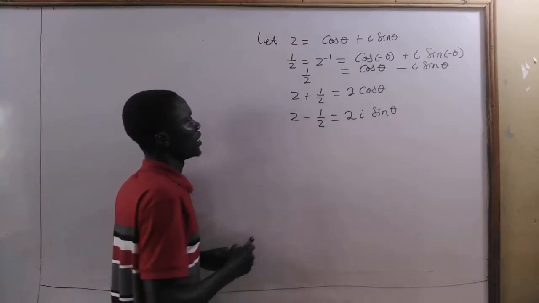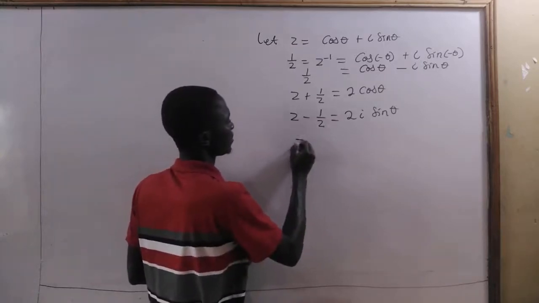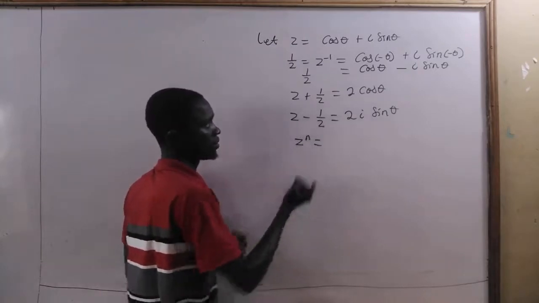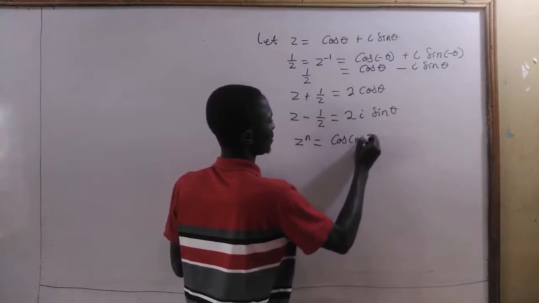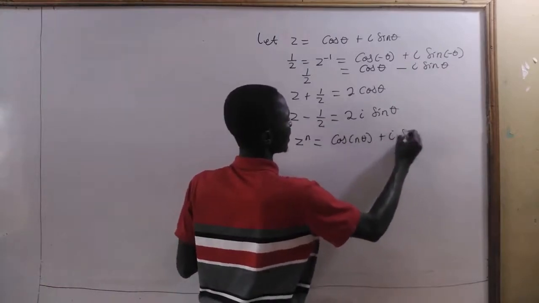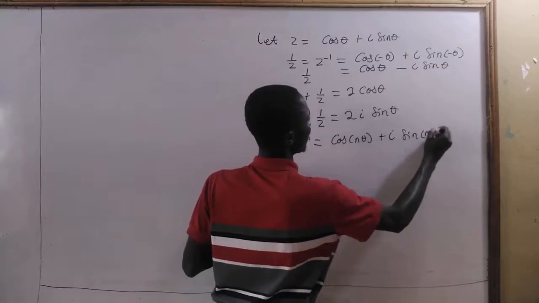Now, if I take z to the power n, from De Moivre's theorem, we are going to get cosine of n theta plus i sine of n theta.